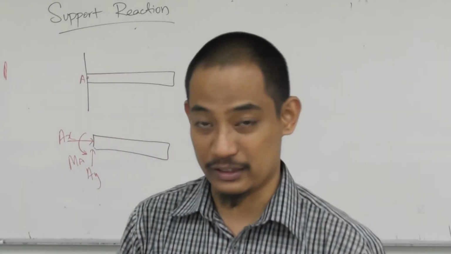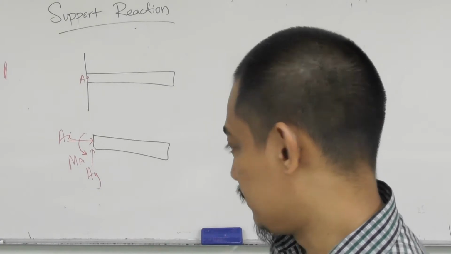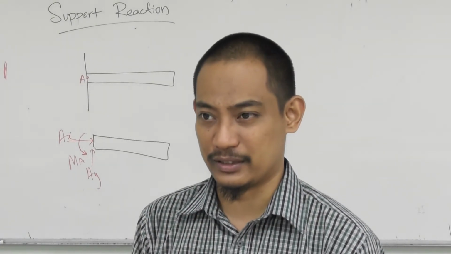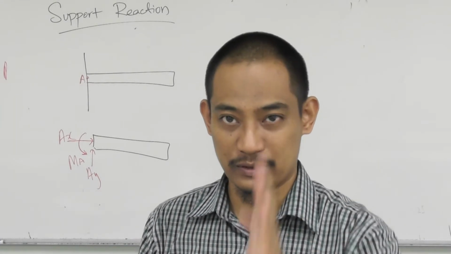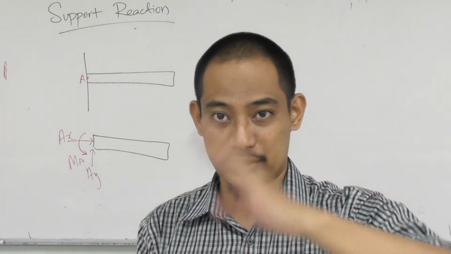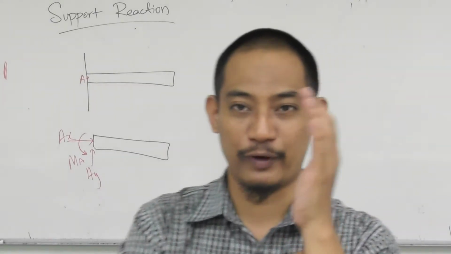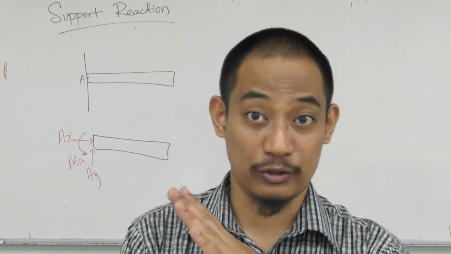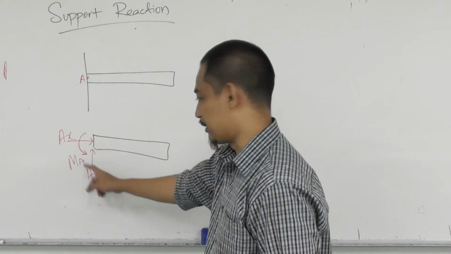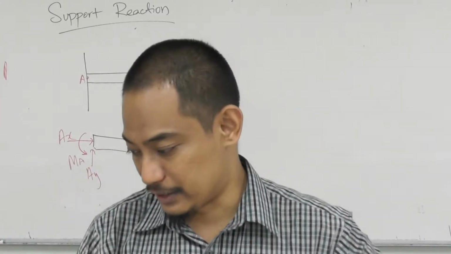So you have the three support reactions there. And in 2D, that's the maximum basically, because you only have this movement, and a rotation. So a fixed support doesn't allow anything. You cannot move, you cannot rotate. So you have AX, AY, and moment, right?